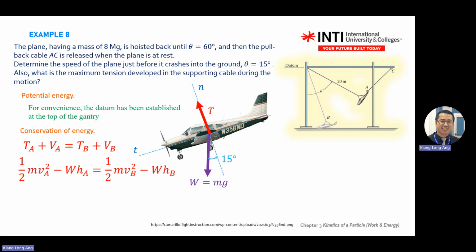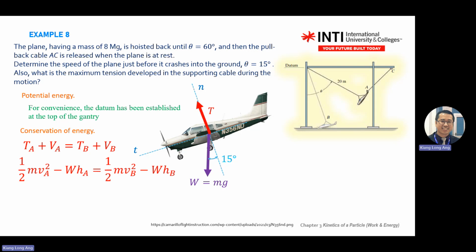Why position A? Because this is before equal to after. Before, half mv A square. So in your answer, if you write 1, I'll mark you wrong.